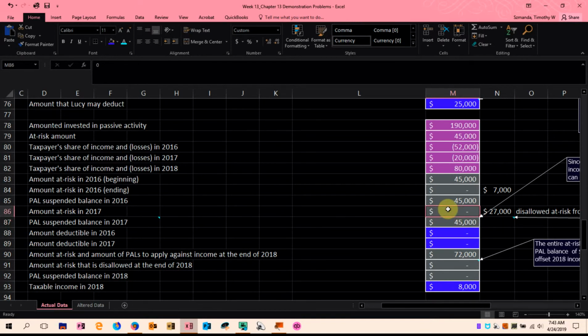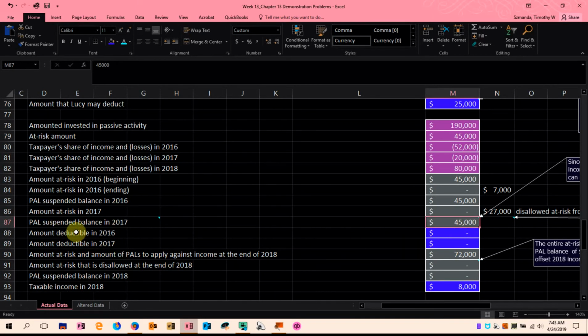Therefore, nothing made it through to the second test for the passive activity losses. Since nothing made it past the at-risk test in 2017, the previous passive activity loss rules just carry over and are not changed. Okay, so there we have the $45,000 passive activity suspended balance at the end of 2017.